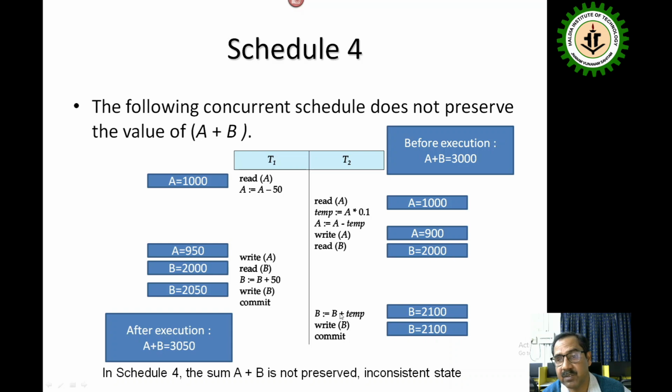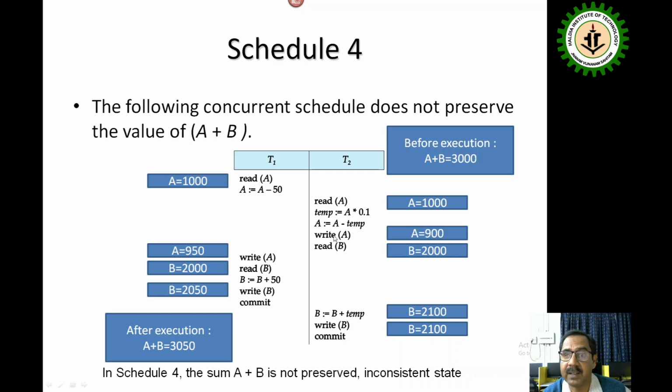So B equals B plus the temporary value, that is 2000, so B equals 2100. Write B 2100. So what will be the last value of B? This or this? No, this one. Because after T1 writes B and commits, T2 overwrites the value of B, that is 2100.